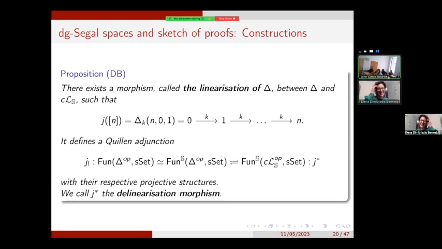Okay. I guess I just mean that if you define the complete DG Segal space using the J upper star, the delinearization, you're defining something by a right adjoint, but you can also use the left adjoint applied to the generating morphisms in the classical Segal for complete Segal spaces, and somehow you can use the left adjoint instead of the right adjoint.